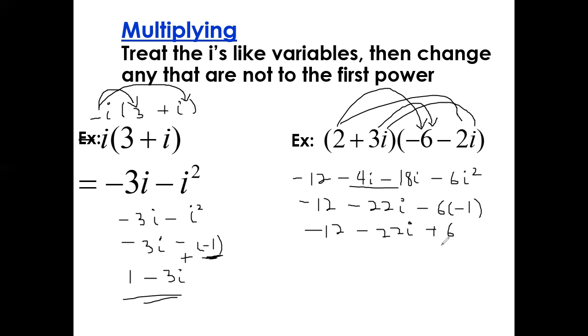Now -12 plus 6 will give us -6, then minus 22i. So this is how multiplication is done for complex numbers. It's just like you are working in normal algebra. Okay, good.